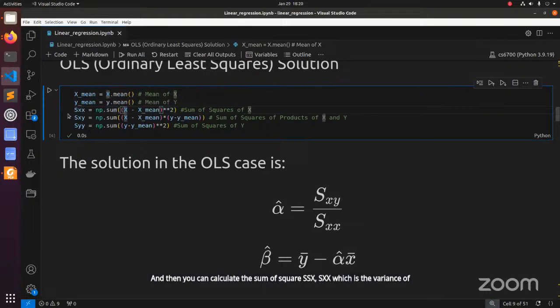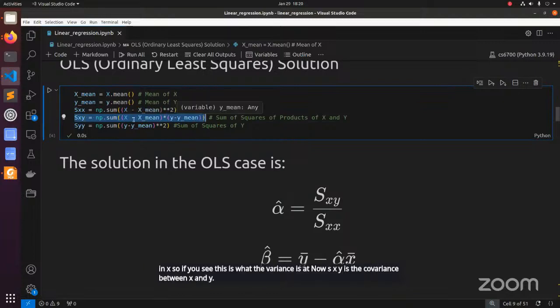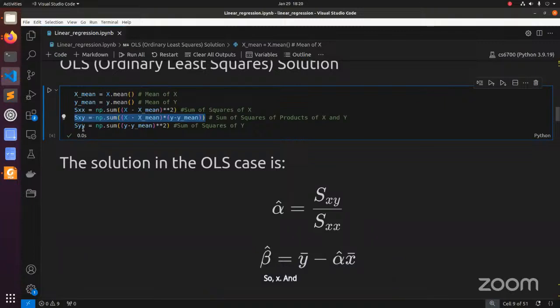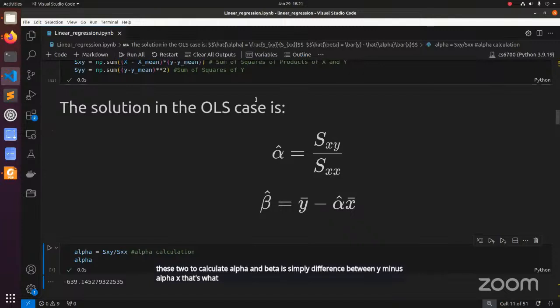Sxy is the covariance between x and y, and Syy is the variance in y. Once you have Sxy and Sxx, you divide these two to calculate alpha, and beta is simply the mean of y minus alpha times the mean of x.